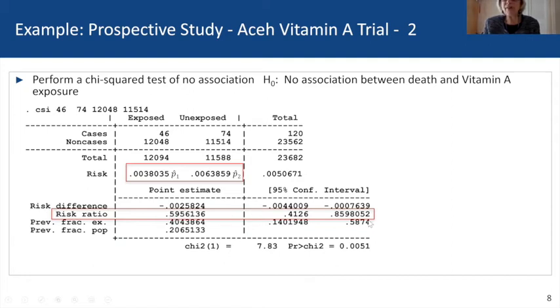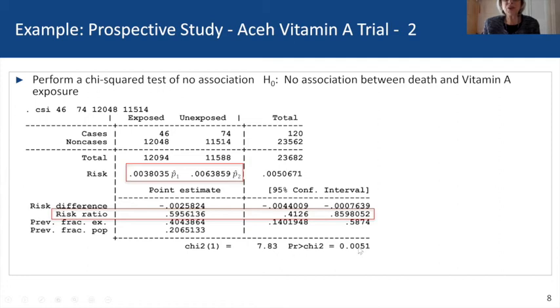But we have a 95% confidence interval here for the true risk ratio, which ranges between 0.41 and 0.86. It does not overlap 1. So if we think of the null hypothesis, no association between death and vitamin A would be the same as a null hypothesis that the risk ratio equals 1. Since this confidence interval does not overlap 1, we would reject the null hypothesis.